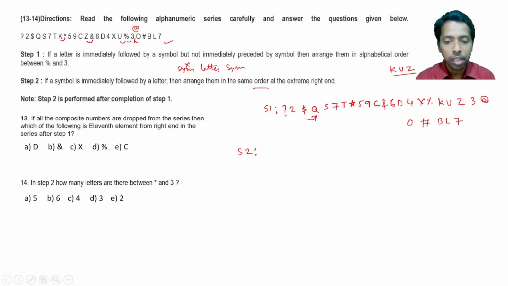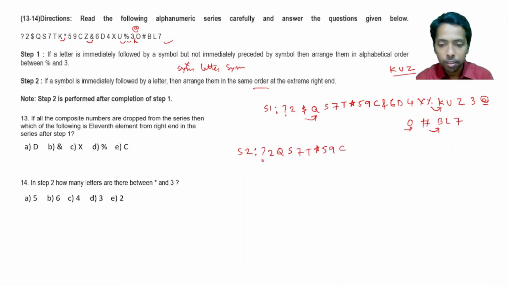So symbol immediately followed by letter, this is 1, this is 2, this is 3, and this is 4. So Q S 7 T star 5 9 C ampersand 6 D 4 X percentile.